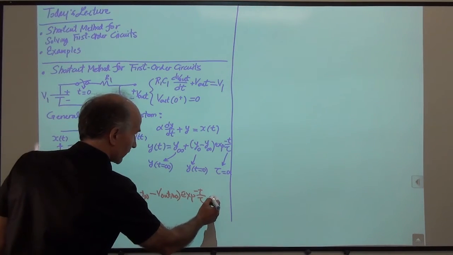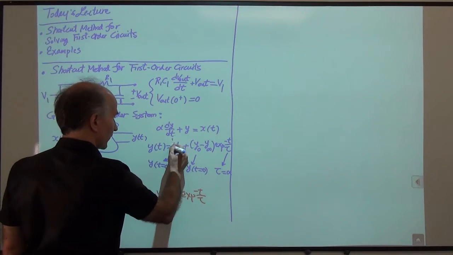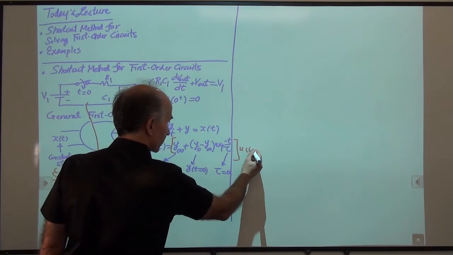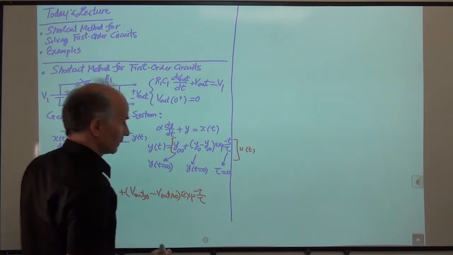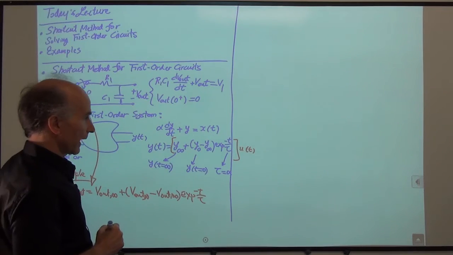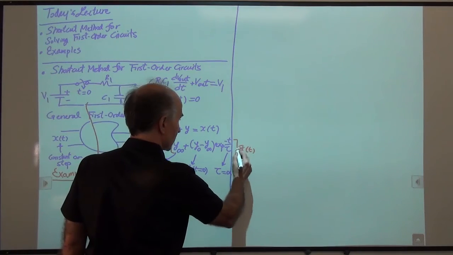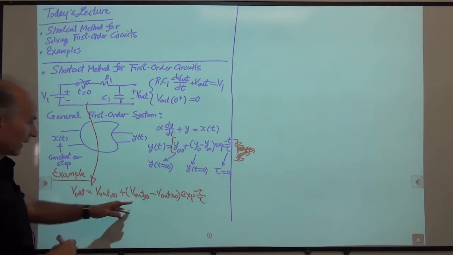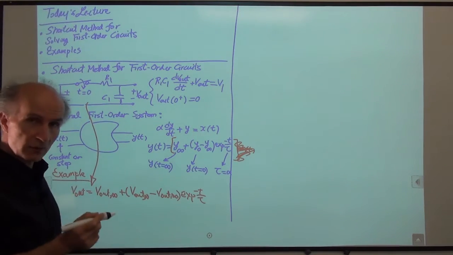We also have to have a u of t for this whole thing, just to be precise, because the assumption is that before that we don't have... actually no, because it depends on some cases, so we have to be careful about that. Okay, so we're going to write this like that and then decide whether it takes u of t or not.